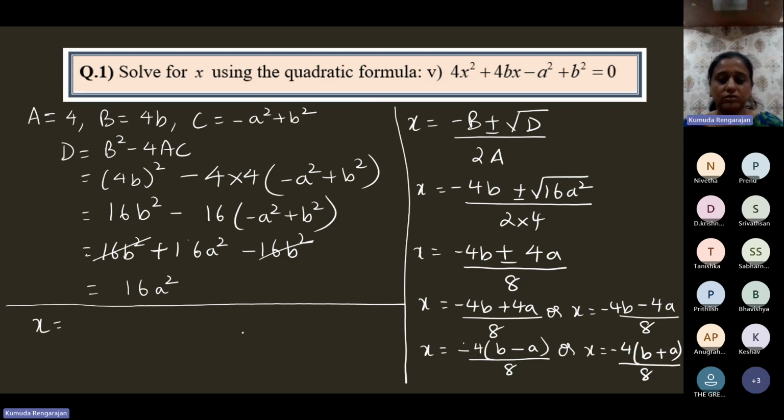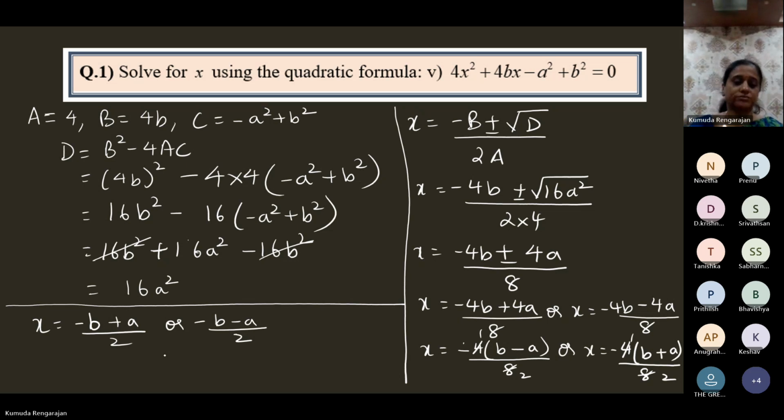So x is equal to minus b plus a by 2, or minus b minus a by 2. These are the two values for x.